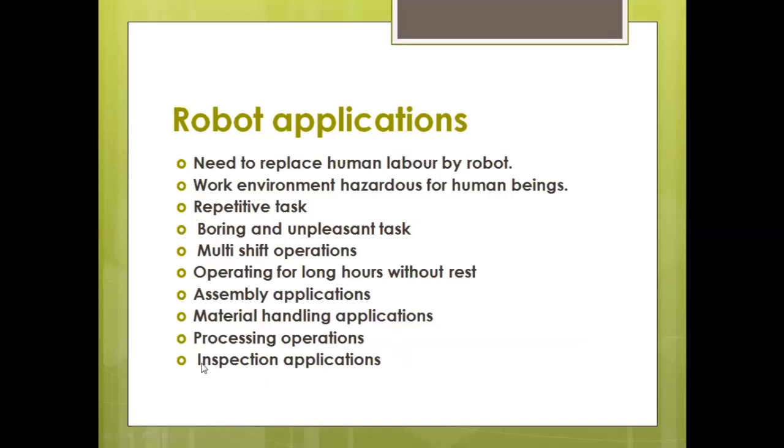The last one is inspection applications. Once you manufacture a car, whether that car is working properly or not, we check that car by using a robot. All the equipment mounted in the car, whether it is working properly or not, we check by using a robot instead of manpower nowadays.